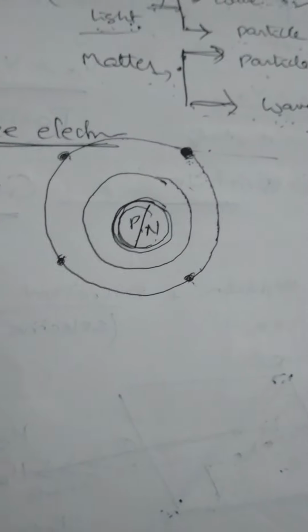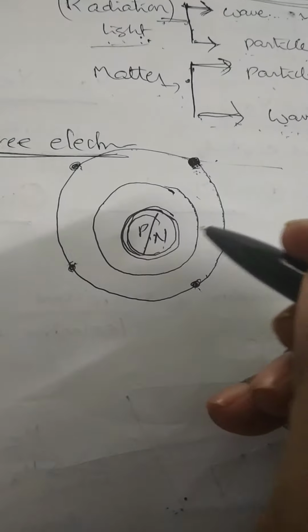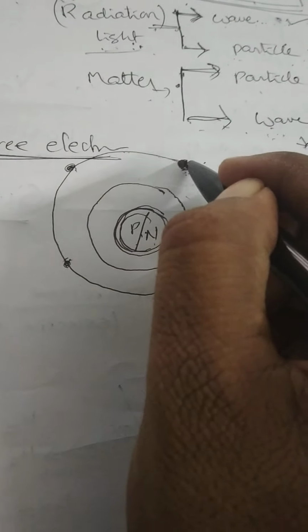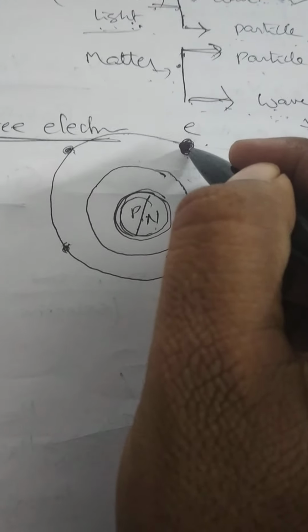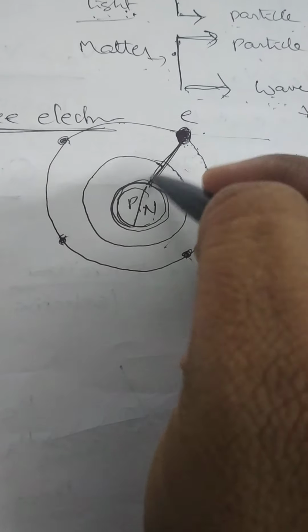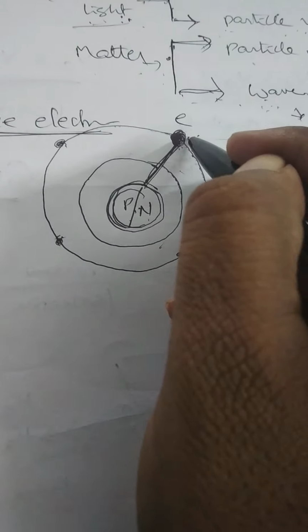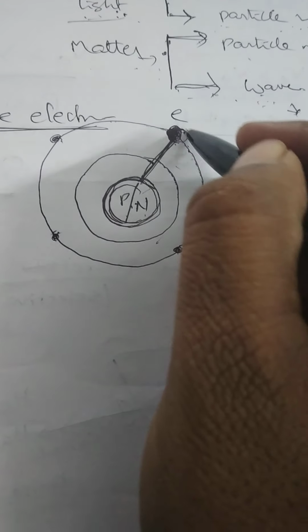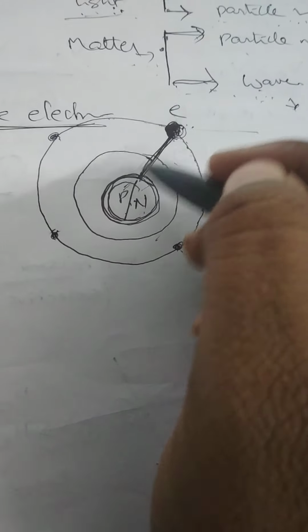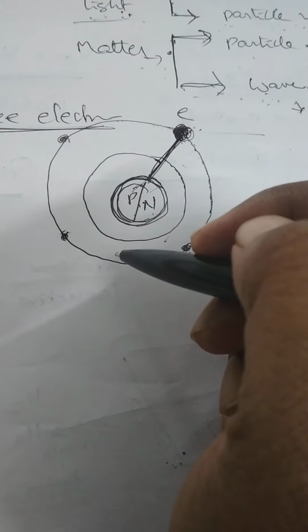Are you understanding? Right. Next one, for example, this is the loosely bound electron. There is some force of attraction towards the nucleus. That means this electron and this nucleus are bound with some interactive energy.